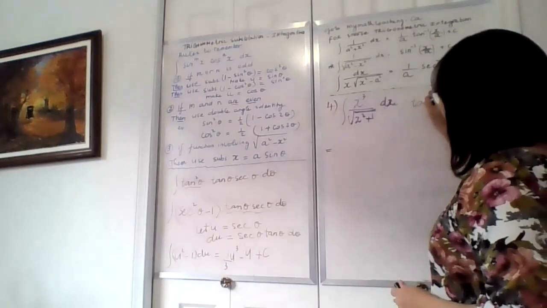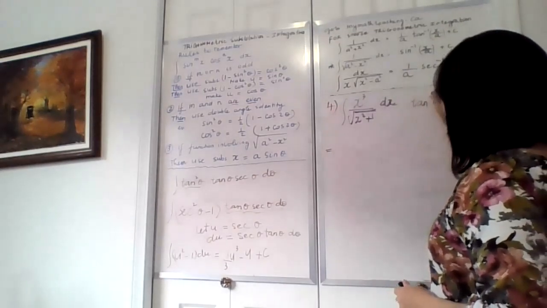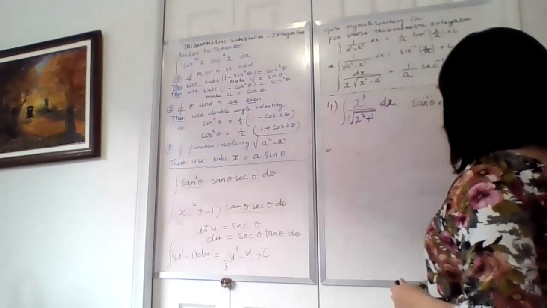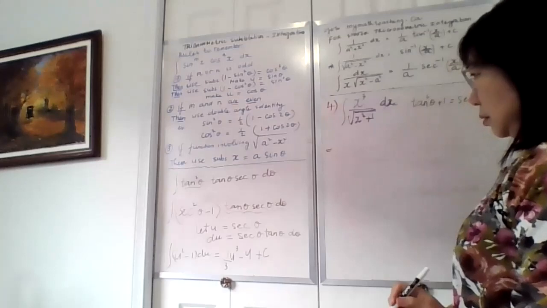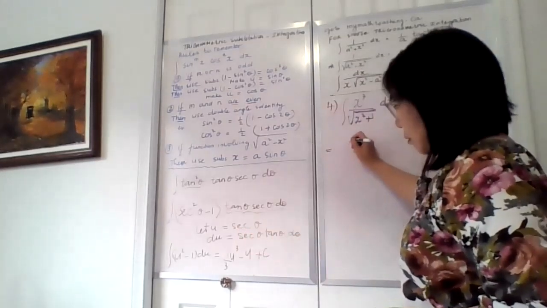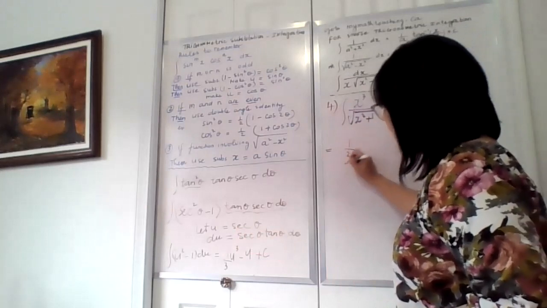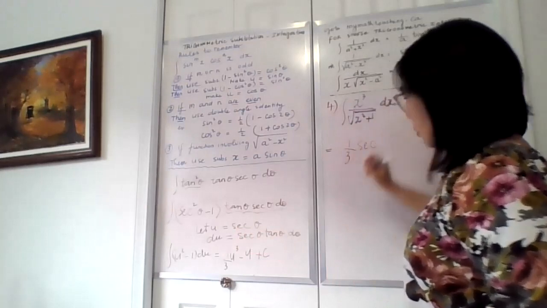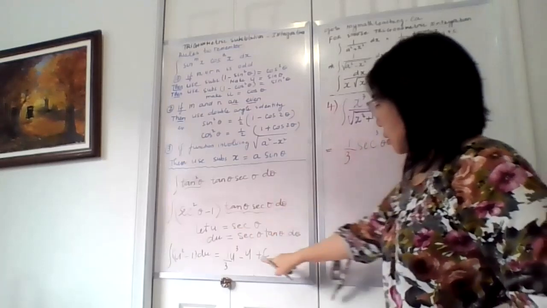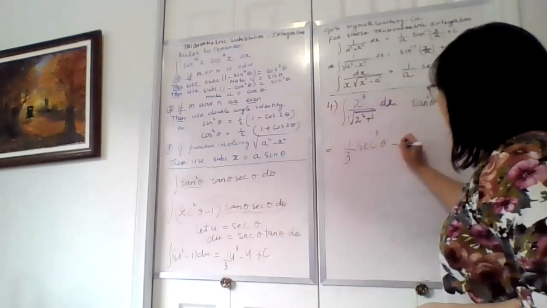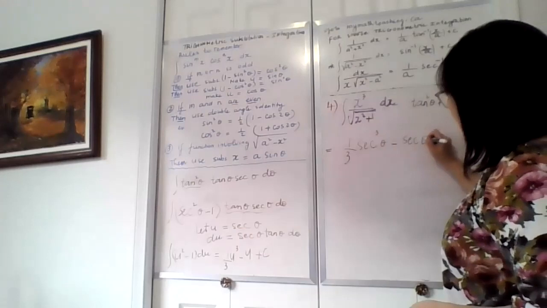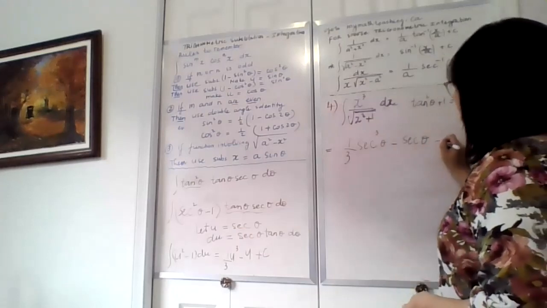What did I say at the beginning? I said let tan square theta plus 1 equal secant square theta. And I said let u equal secant theta. So after I integrate that, it will be 1/3 u, which is secant theta cubed, minus u, minus secant theta, and let's see.